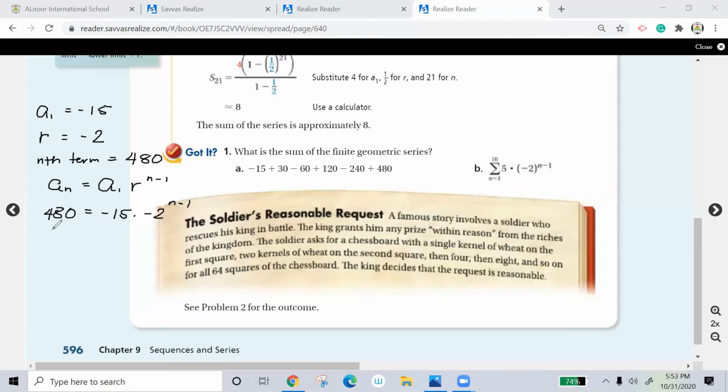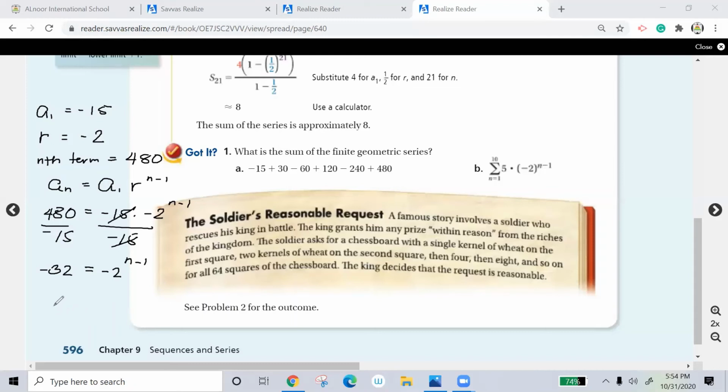So we will divide both sides by negative 15. Now, what is 480 divided by negative 15? We have negative 32 equals negative 2 raised to n minus 1.